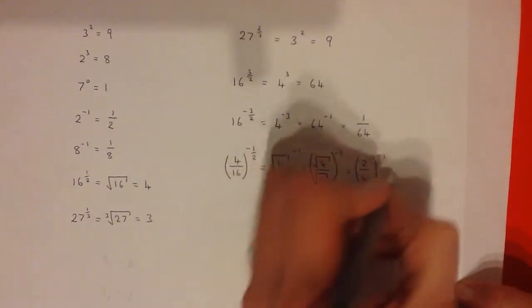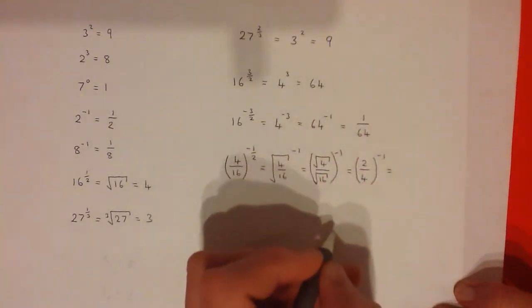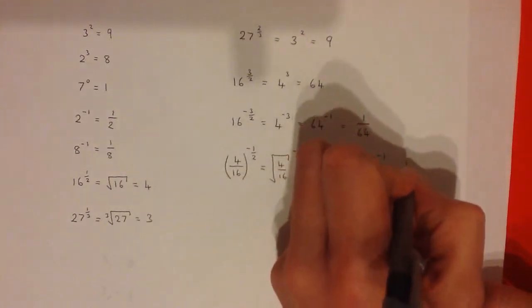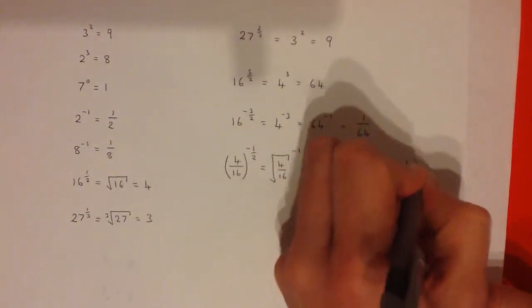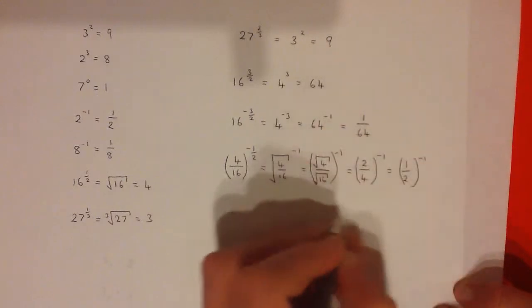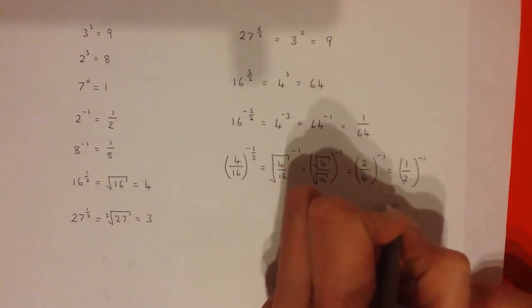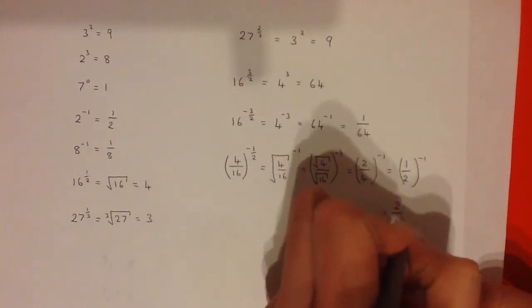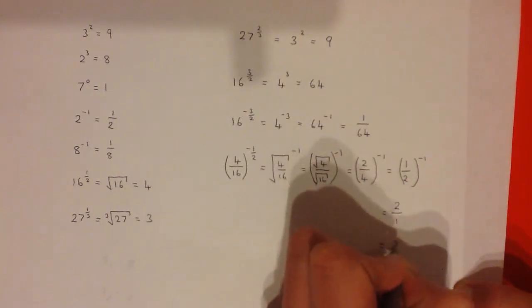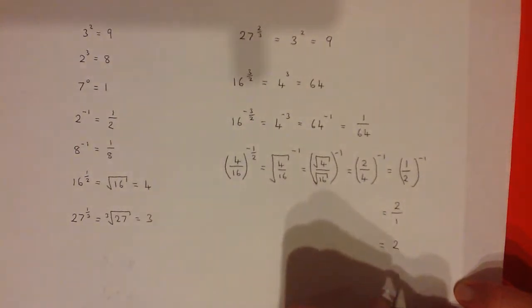We can simplify this to be 1/2 to the power of -1, and because it's the inverse, it flips the fraction to become 2/1, or just 2, because 2 divided by 1 is just 2.